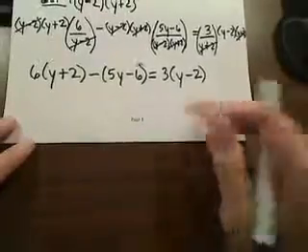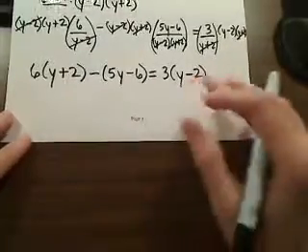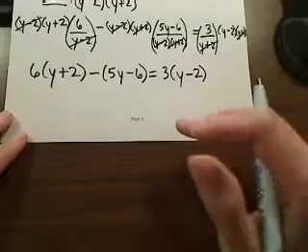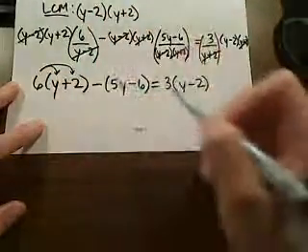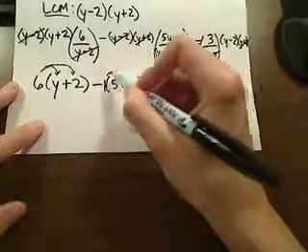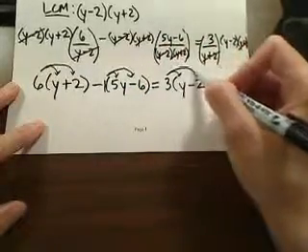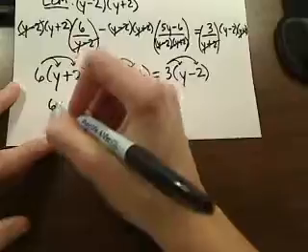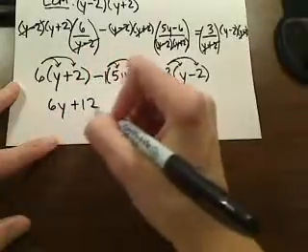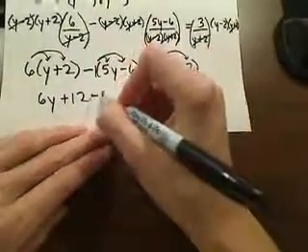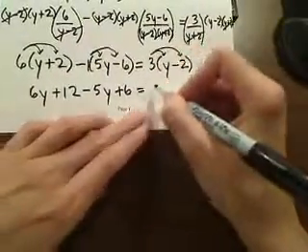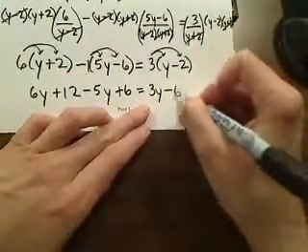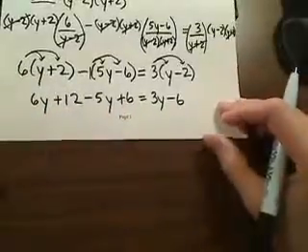At this point, the fraction is gone, and we're just going to do a basic solve. We need to distribute the 6, distribute the negative 1, and distribute the 3. So we're going to have 6y plus 12, minus 5y plus 6, and then 3y minus 6.